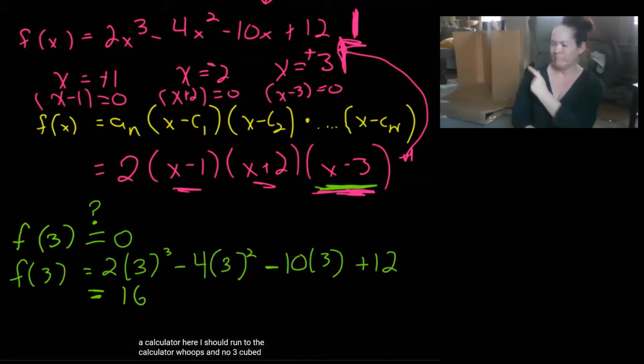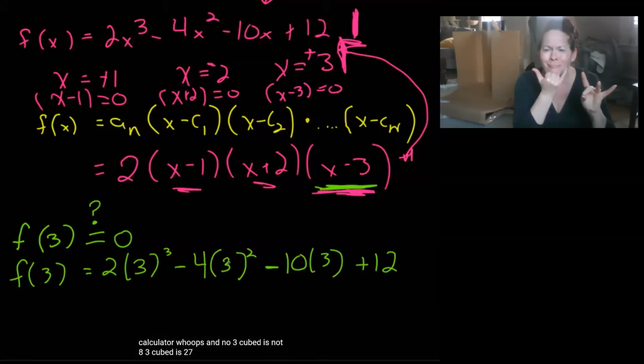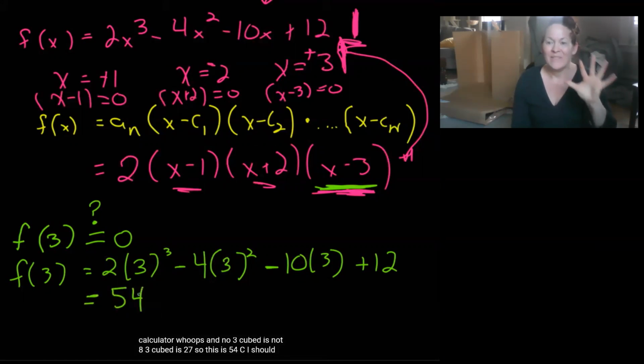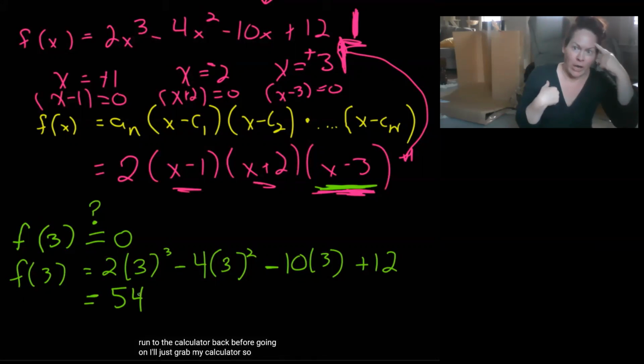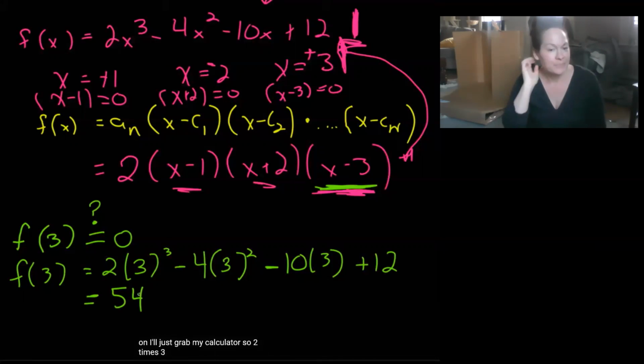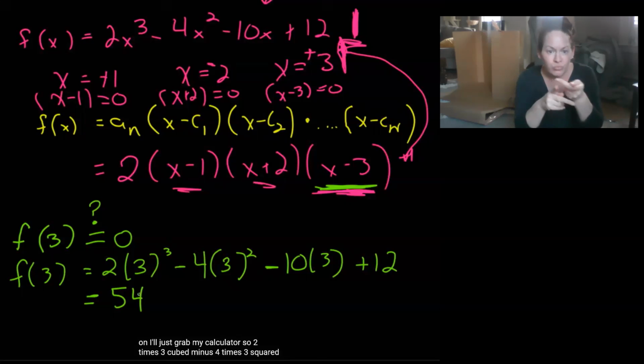Whoops, no, 3 cubed is not 8. 3 cubed is 27. So this is 54. See, I should run to the calculator. In fact, before going on, I'll just grab my calculator. So 2 times 3 cubed minus 4 times 3 squared minus 10 times 3 plus 12 equals 0.